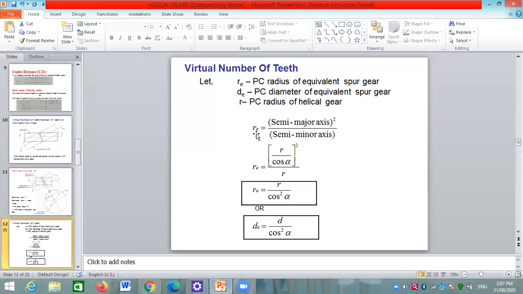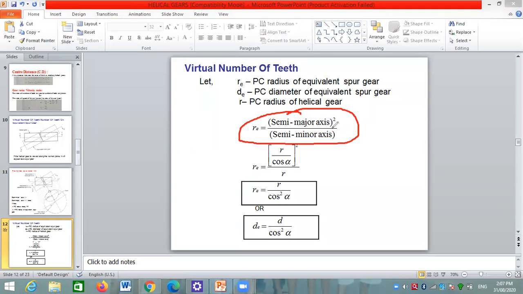Here, RE, the radius of the equivalent spur gear, is calculated by this formula: RE is equal to semi major axis square divided by semi minor axis.